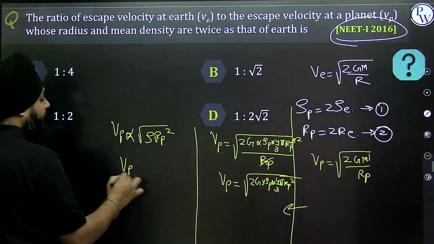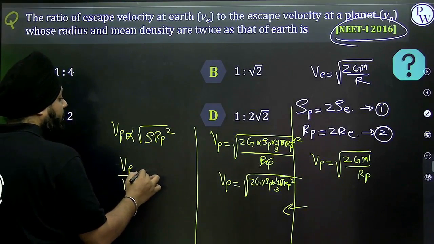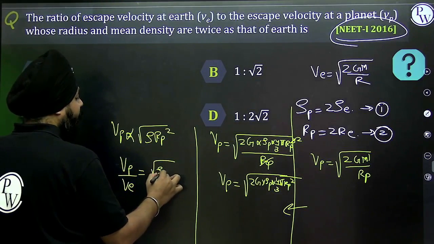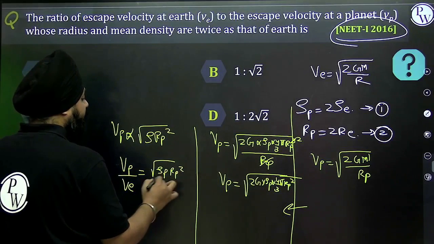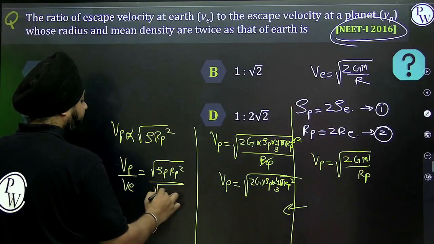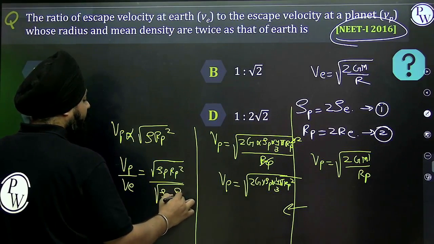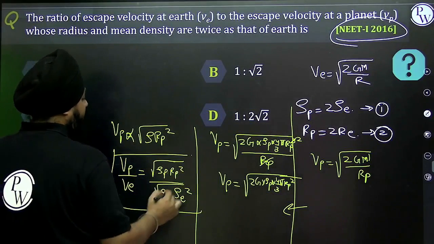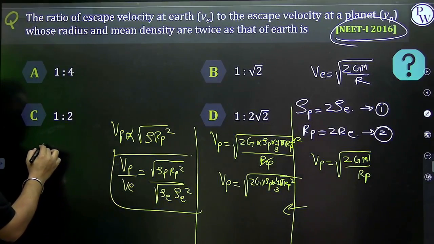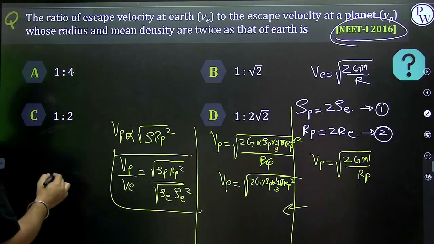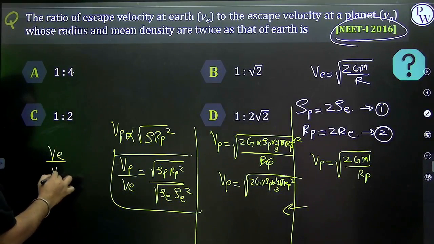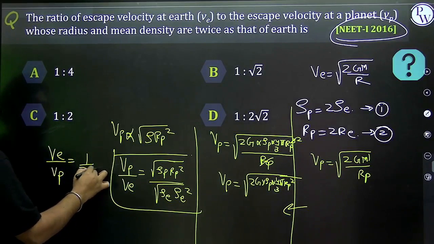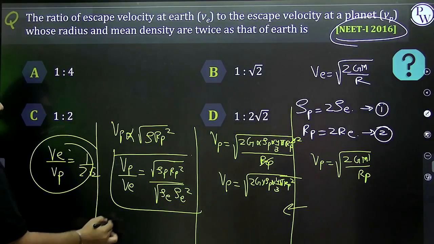So velocity of planet over velocity of earth is equivalent to density of planet times radius of planet square, whole divided by density of earth times radius of earth square. Solving this, we need to calculate the ratio, so VE by VP, we are getting 1 by 2 root 2.